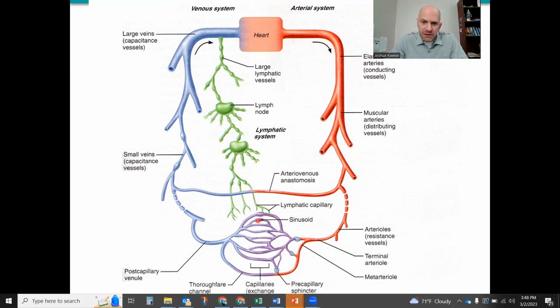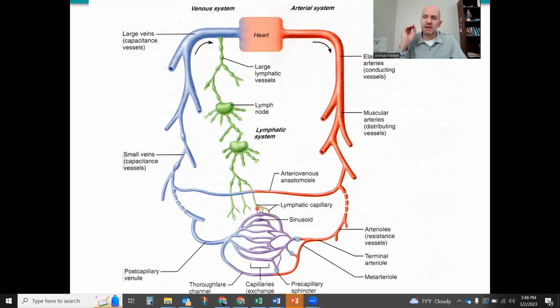So here in the systemic capillaries, we talked about the different pressures that are operant here, the capillary hydrostatic pressure and the osmotic or oncotic pressure. And we said that during filtration not all of the fluid that exits the capillary returns during reabsorption. There's a small percentage, 3.6 liters per day, that stays in the tissues and actually goes into the lymphatic system. So here in green is this lymphatic system.